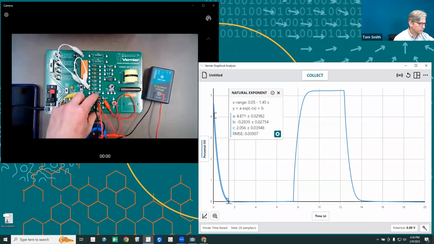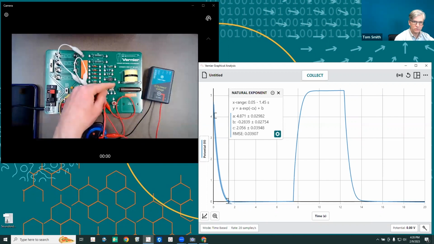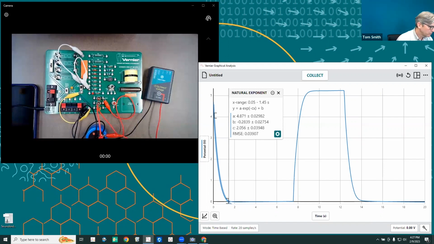It has light bulbs that you can use to visualize that resistance. It also has a potentiometer, so you can alter the resistance manually. And again, the variety of power supplies that you can include in that.